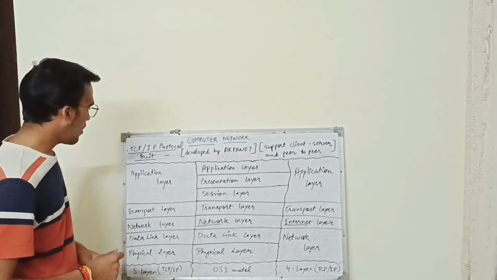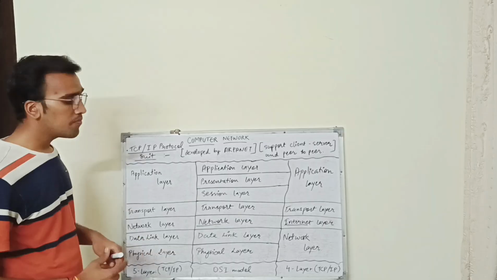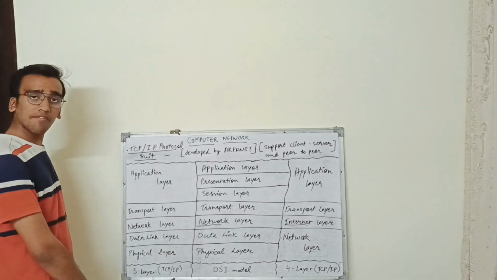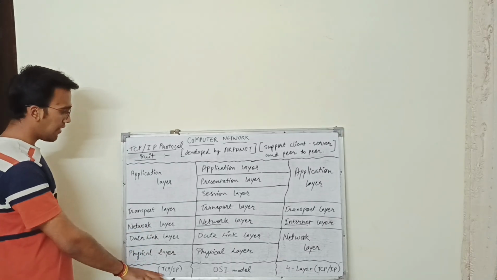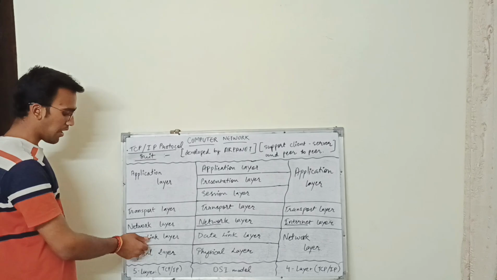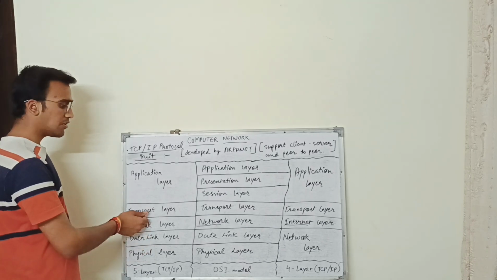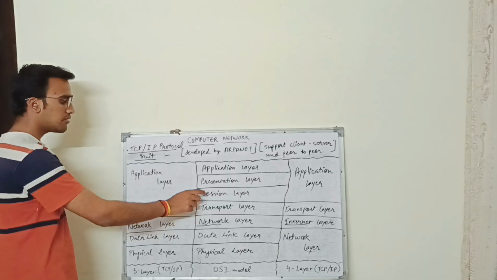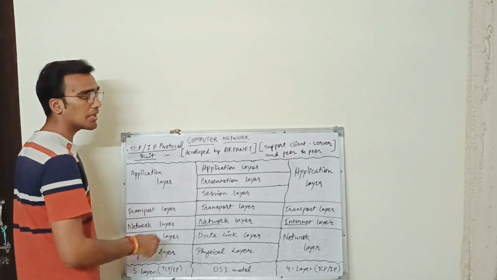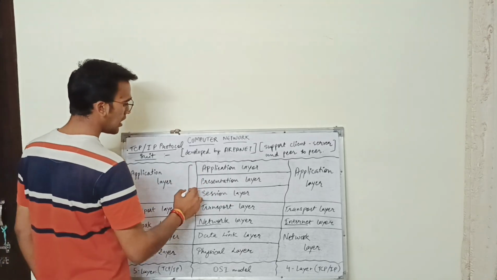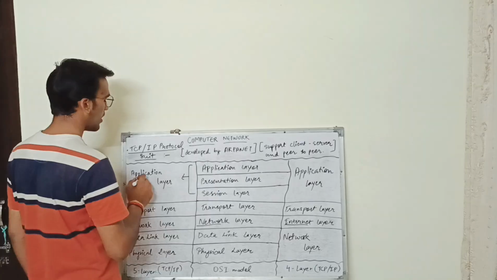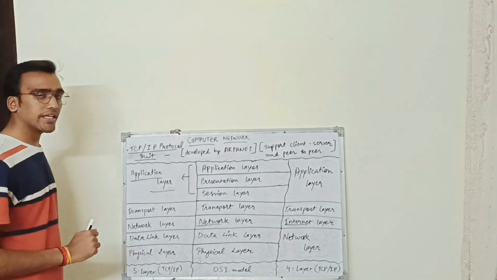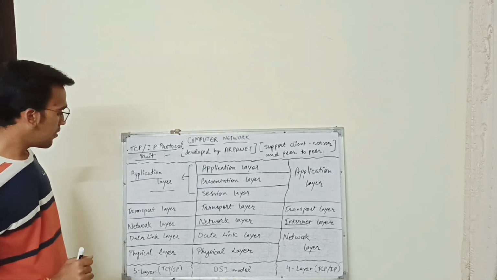In the 5-layer TCP/IP model, the physical, data link, network, and transport layers are the same as in the OSI model, but the session, presentation, and application layers are converted into one, called the application layer.